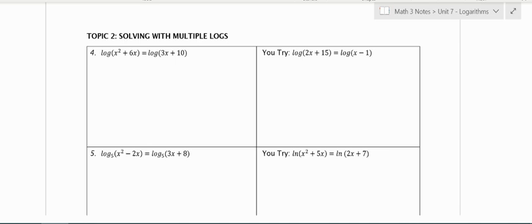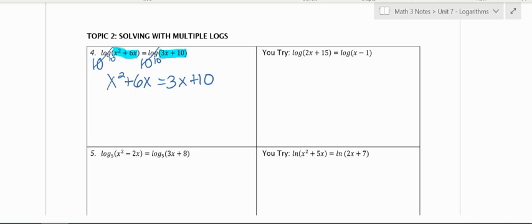If we have multiple logs, the ones we're going to see, basically we have two logs with the same base and we're setting them equal to each other. So if I raise both of these, this is a base 10, if I raise both of these to a base of 10, you're taking the inverse, and we're really just setting whatever's inside equal to each other.